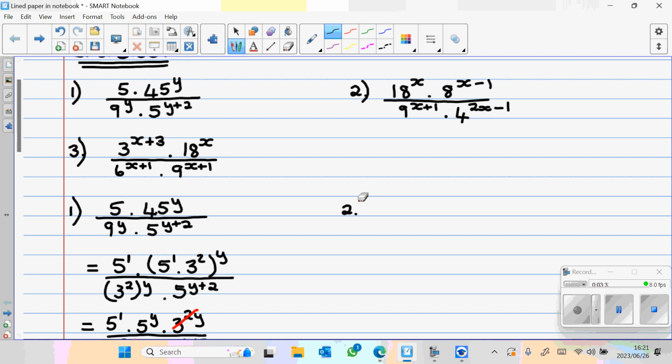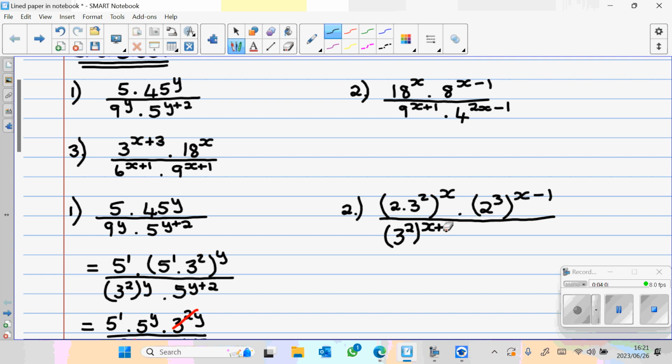If I look at the second one, I'm going to start off straight, and I'm going to say 18 is actually 2 times 3 squared. 8 is 2 to the power of 3. 9 is 3 squared. 4 is 2 to the power of 2.